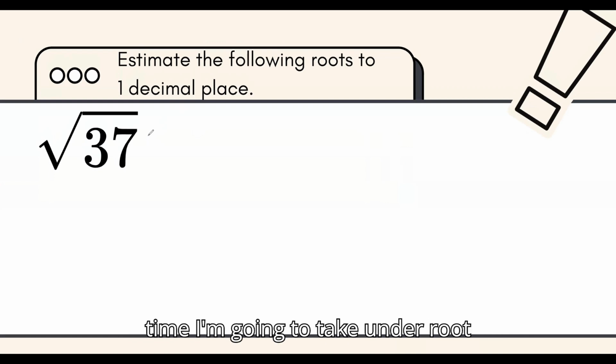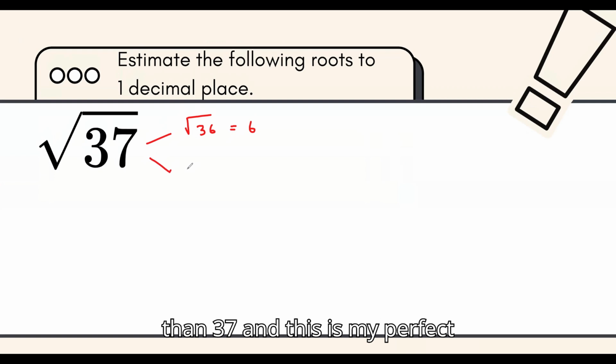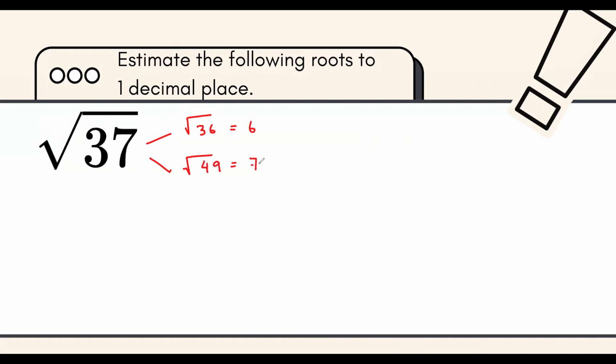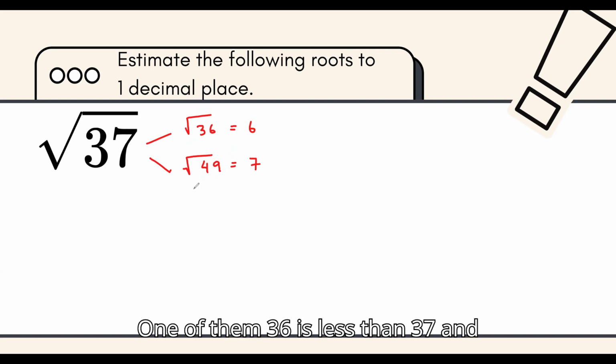This time I'm going to take under root 36, which equals 6, because this is less than 37, and under root 49, which is 7. So these two are perfect square values. 36 is less than 37, and 49 is greater than 37.